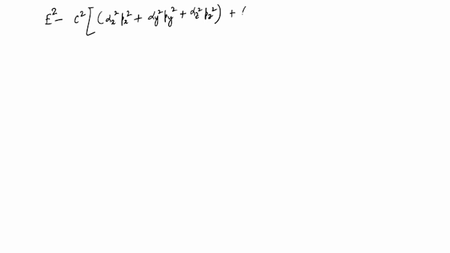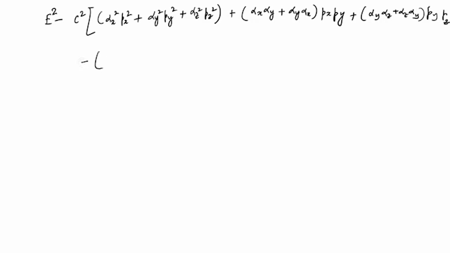Then there are cross terms which come as anti-commutators: alpha x alpha y plus alpha y alpha x, times p x p y; then alpha y alpha z plus alpha z alpha y, times p y p z; and then alpha z alpha x plus alpha x alpha z, times p x p z.